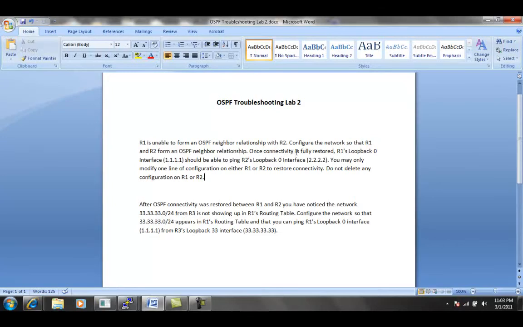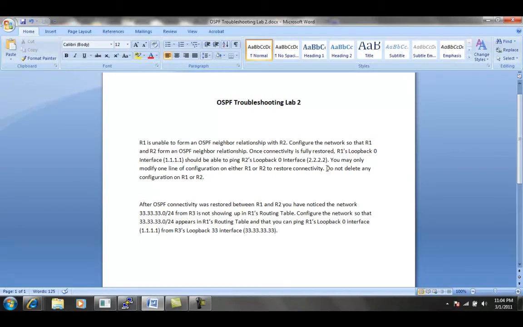Once connectivity is fully restored, R1's loopback 0 interface 1.1.1.1 should be able to ping R2's loopback 0 interface 2.2.2.2. You may only modify one line of configuration on either R1 or R2 to restore connectivity.